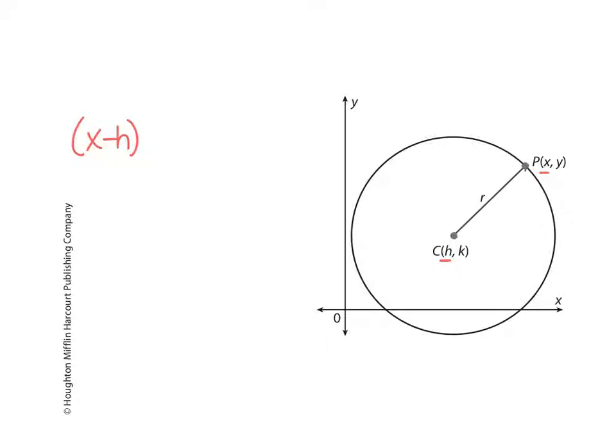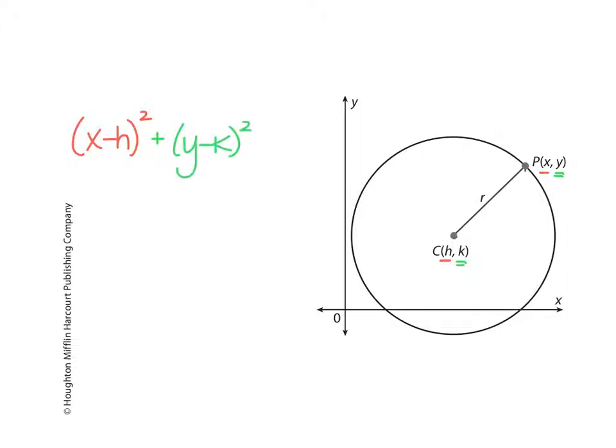And we're doing Pythagorean theorem, so that's squared. All right, and then I'm going to pair my y values together. And I don't actually have anything to subtract, but I can represent that as, so that's a squared plus b squared, which is going to be y minus k squared.